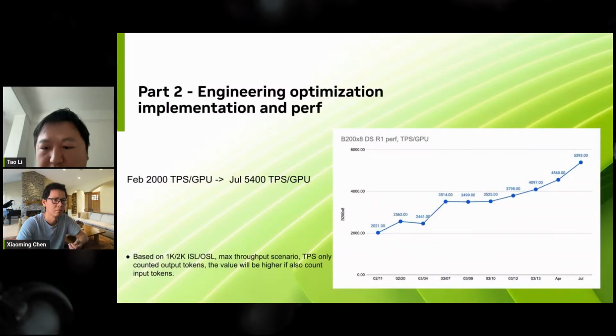And part one mostly covered the model part, and in part two we will introduce the engineering optimization implementation details and the performance benefit of each item.